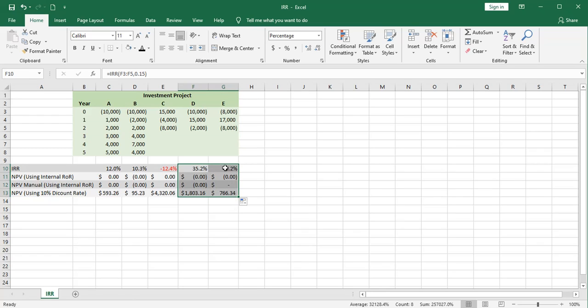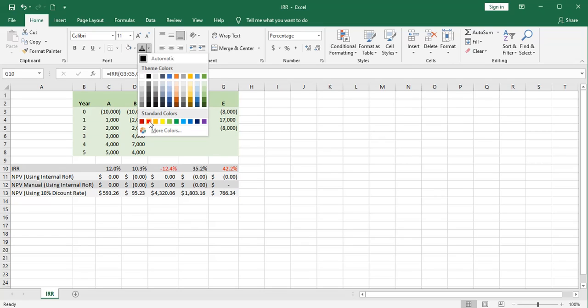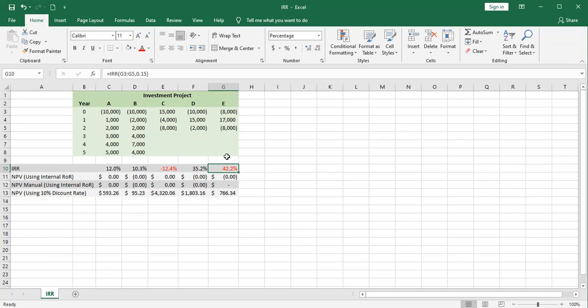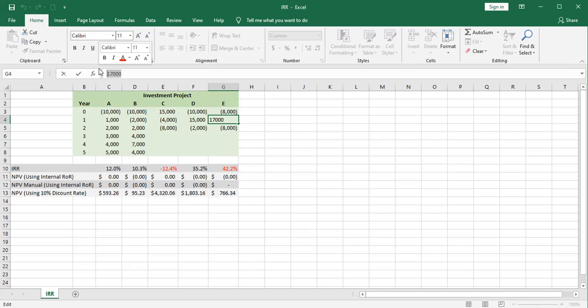And you can see it's found a solution at 42%. And this, again, is one of the problems with Excel's internal rate of return function. You're going from a negative to a positive to a negative, and it's throwing this off. In fact, look what happens when I change this just a little.